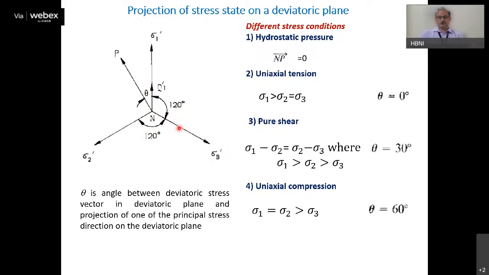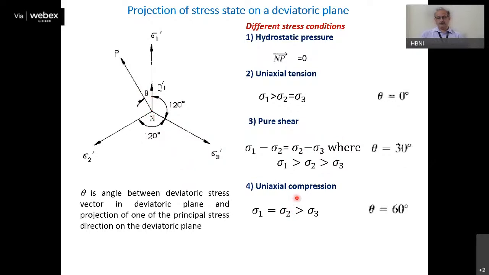Similarly, if you talk about pure shear stress, sigma 1 minus sigma 2 will be equal to sigma 2 minus sigma 3, the deviatoric stress between sigma 1 and sigma 2 is equal to that between sigma 2 and sigma 3, and this corresponds to a direction of 30 degrees, meaning theta is equal to 30 degrees.